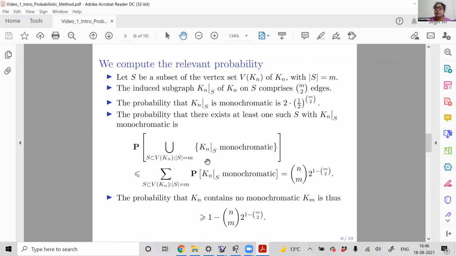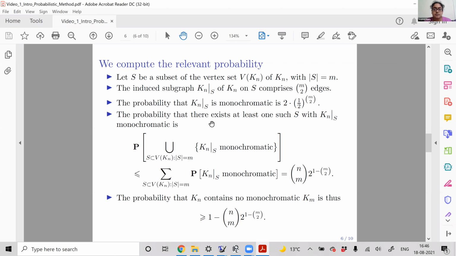So that's why you get a product. Again, this is where you need to know what independent random variables mean. What does independence of two events mean, for example? So that's why you get the product, so half to the power M choose 2.